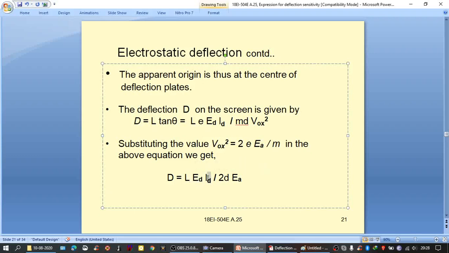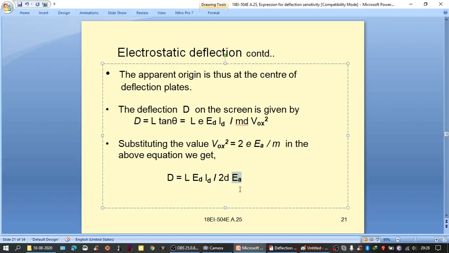LD is the length of the vertical deflection plates divided by 2 into d. d is the distance between the two vertical deflection plates. Ea is the potential applied at the pre-accelerating anode. So D is equal to L Ed LD by 2d Ea.